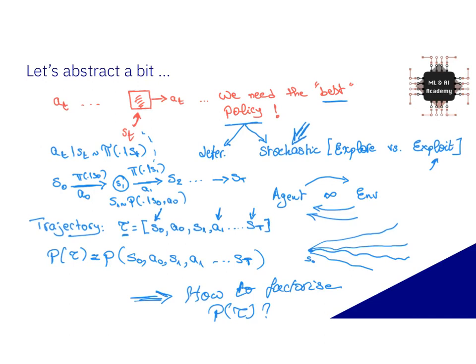Because it is random, now we can define some form of a density over that trajectory tau, which is nothing but the density over these joint random variables here, S0, A0, S1, A1 up to ST. And the question we want to ask now is, how are we going to factorize this P of tau? Once we understand how we can factorize this P of tau, then this problem of stochasticity becomes a little bit more intuitive. So that's what we're going to do next.